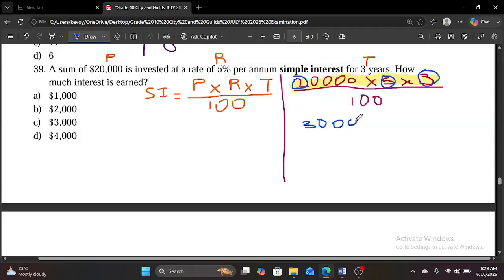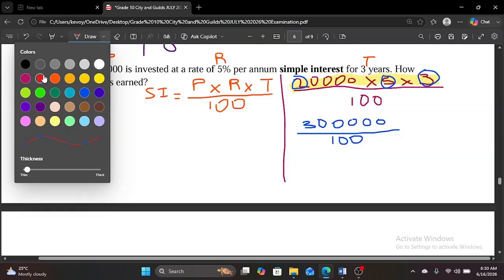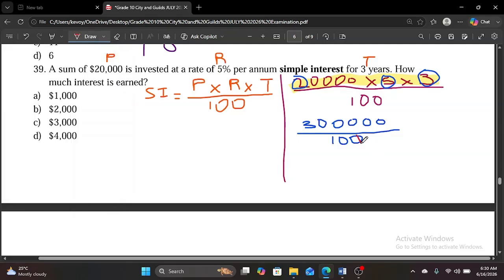So that's going to be 30 with the 4 zeros, all over 100. Now we just eliminate the zeros. Cancel 1 zero from the bottom, 1 zero from the top, 1 zero from the bottom, 1 zero from the top. So you're left with just 300.